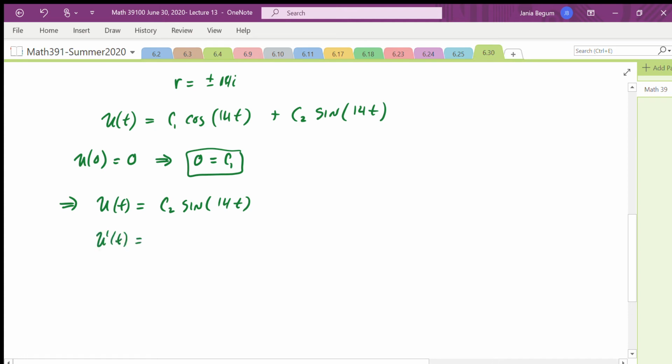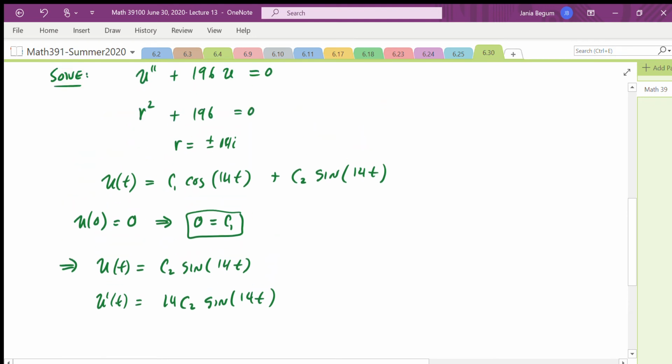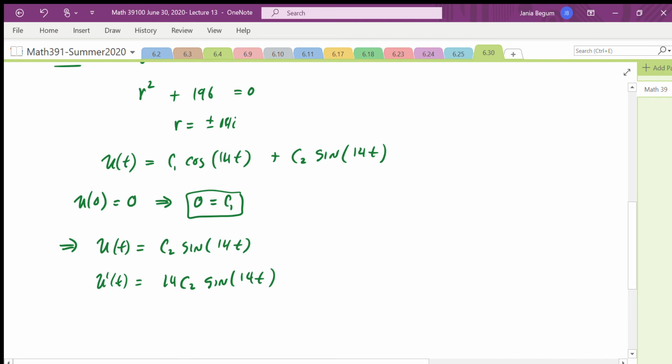We have 14 c2 sine of 14t. Cosine, hold on. Yeah, sorry, another mistake. Today is a mistake day again. Sorry, guys, I seem to make these very frequently nowadays. The derivative of sine is cosine. Never forget. So this is u prime of t: 14 c2 cosine of 14t.